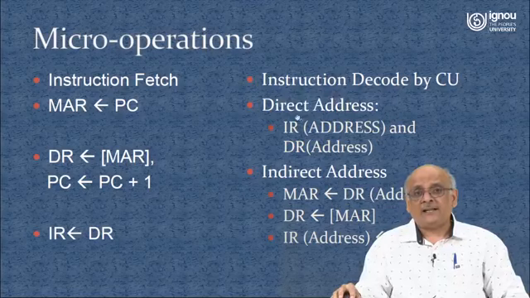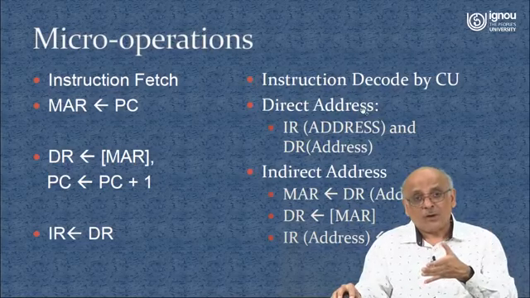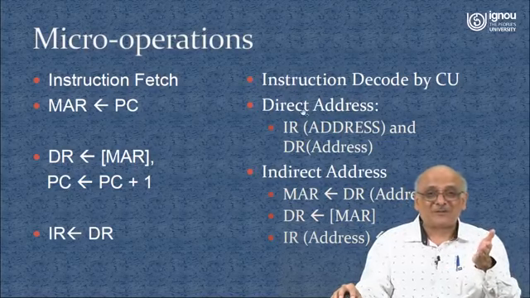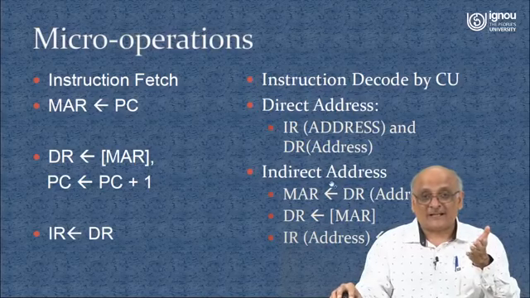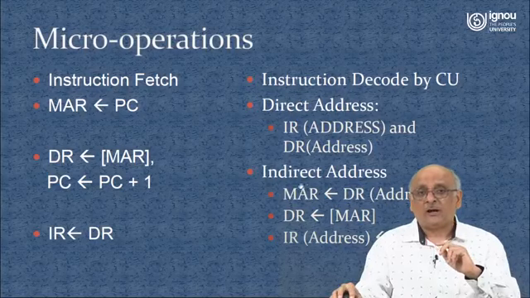Then the next thing to be done is the operand. When you have decoded, you have also decoded the addressing mode. The addressing mode tells us whether it is a direct address. It can be immediate also, but that has been ignored in this particular case. So we are referring to only two addressing modes, direct or indirect.